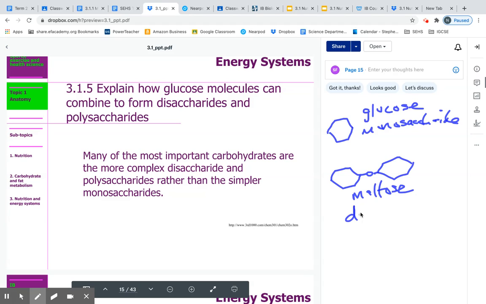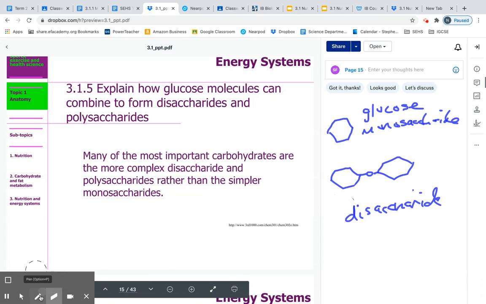Maltose is an example of a disaccharide. Di means two, so it's composed of two molecules of glucose. We can combine glucose with other molecules and get other types of disaccharides. So, for example, if it's a glucose plus a molecule called galactose, so if this one is galactose, then we get a disaccharide called lactose.